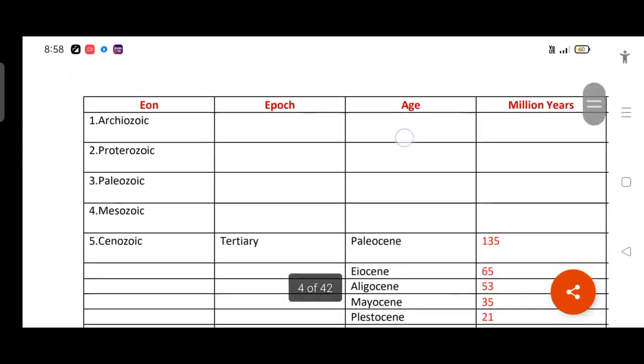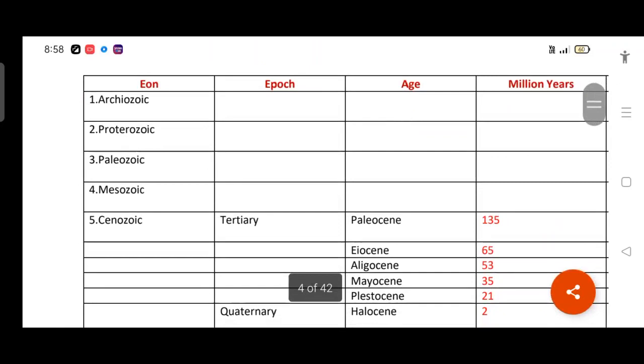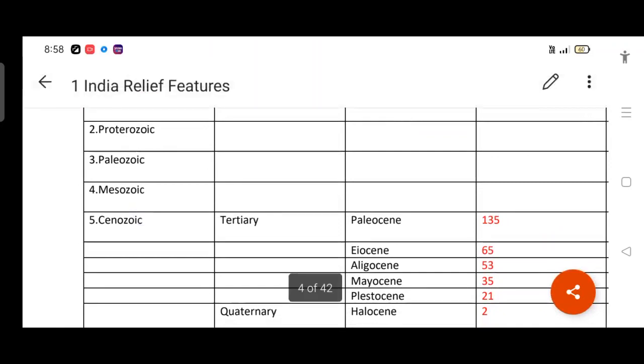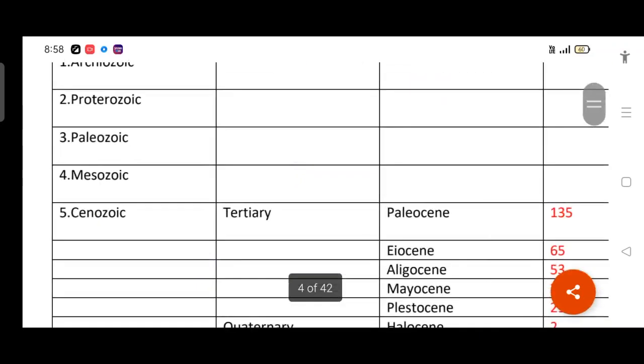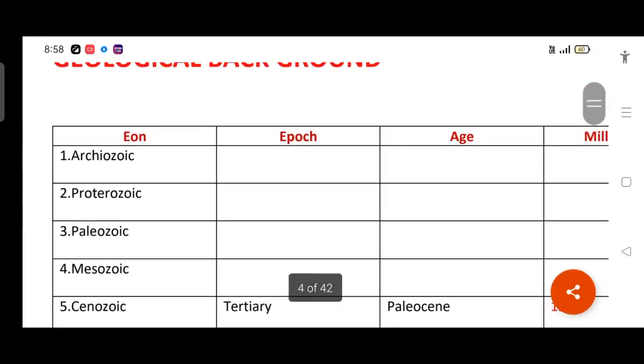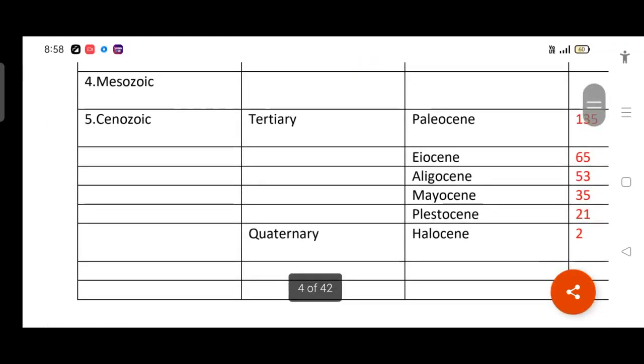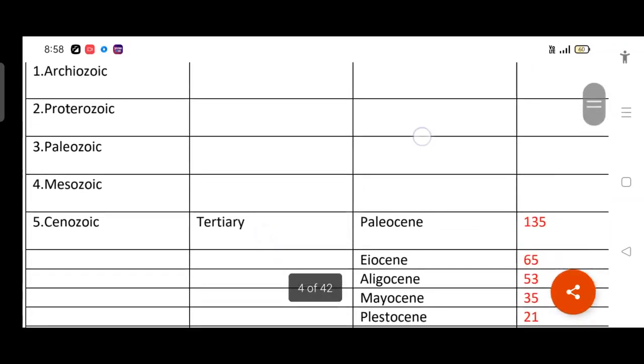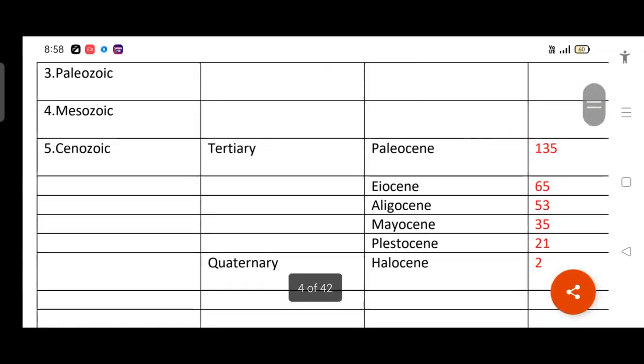In this way, the fifth one, Cenozoic, was again divided into the tertiary epoch and the quaternary epoch. Again, tertiary is divided into 4 ages.